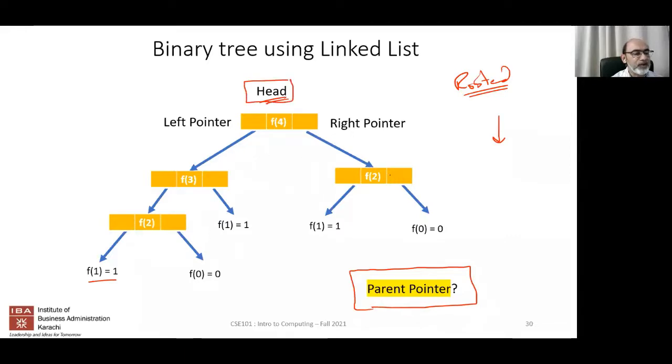And then it has nodes, okay? And these are referred to as leaves. This is a leaf, okay? And these are branching nodes. Branching nodes, okay? And this is the head. So do we need to have a parent pointer?